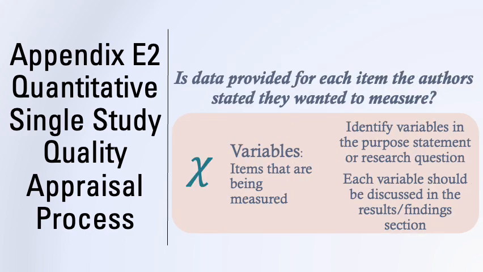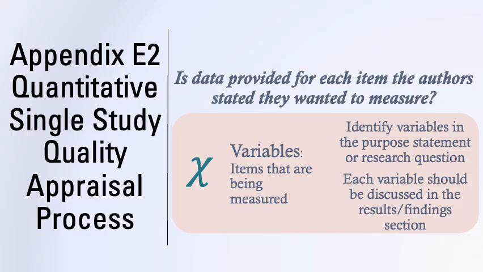The fifth quality appraisal question for the results and findings section of a quantitative study asks, is data provided for each item the author stated they wanted to measure? Variables is the term for the items that are being measured in research and evidence-based practice. Thus, to answer this question, we need to review if the authors provided data for all of the variables of interest.